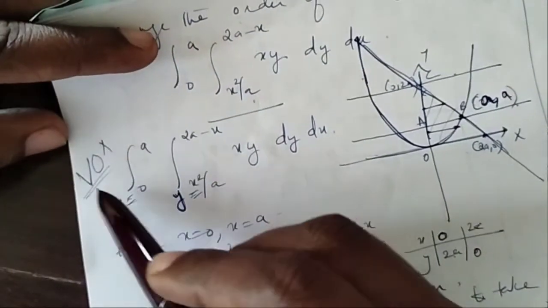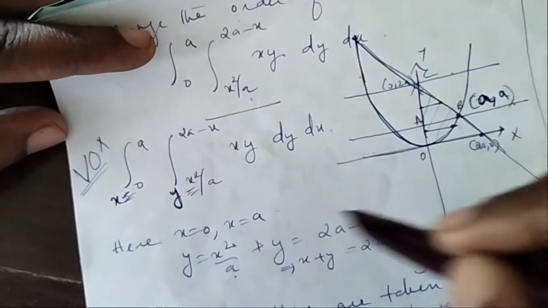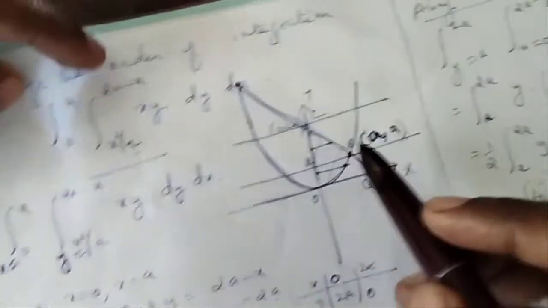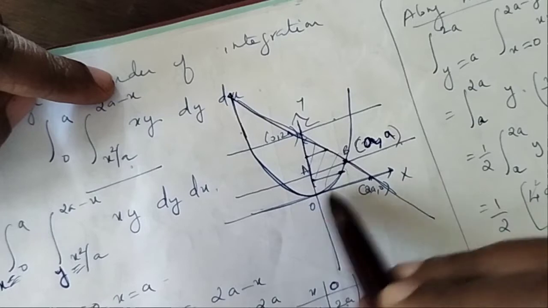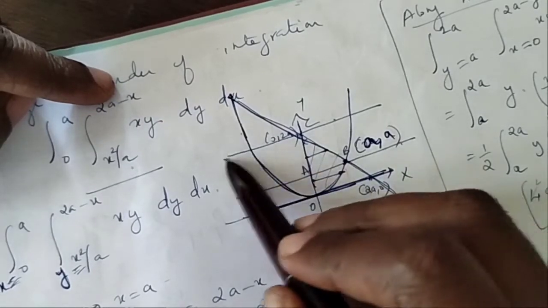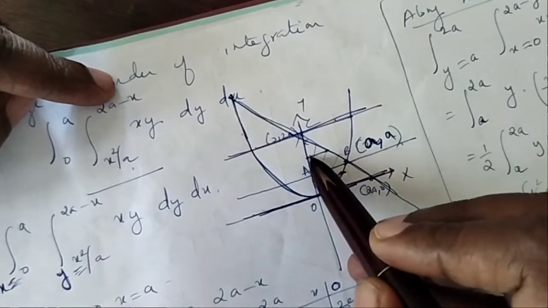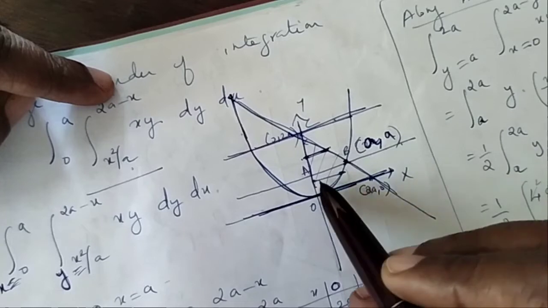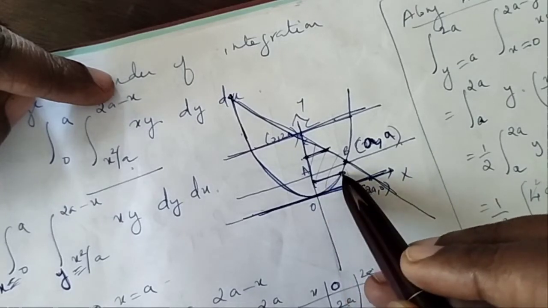So let it be there. Then in the given integral, the outermost integral is x. We have to convert it into an integral along y. So before that, just checking the horizontal lines. The lowermost horizontal line is this one, uppermost is this one. And if you consider a vertical strip here, the endpoints are these. If you draw a vertical line here, the endpoints are changing.